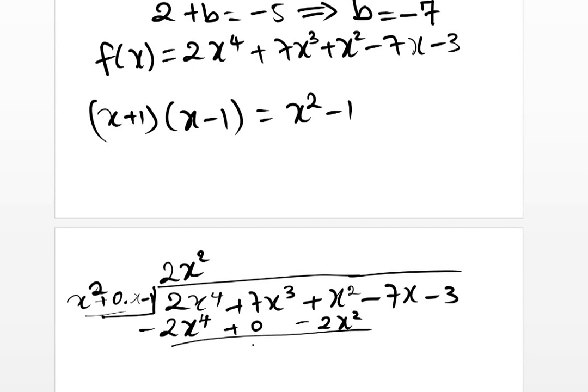When we subtract that, we are going to have 7x cubed plus 3x squared minus 7x minus 3.